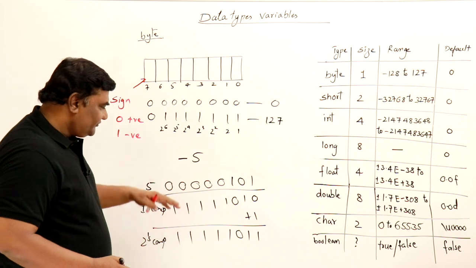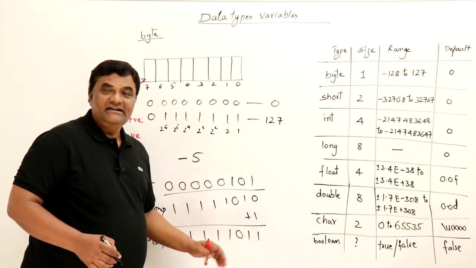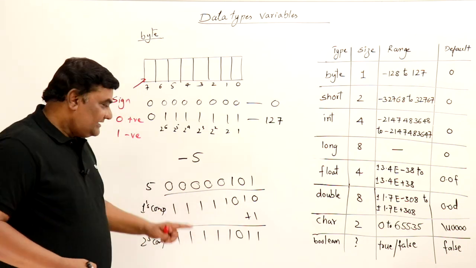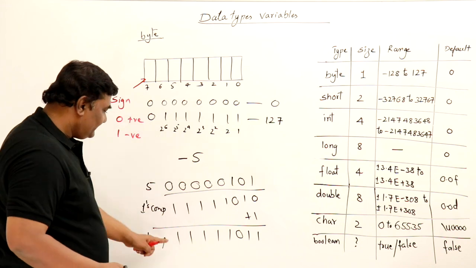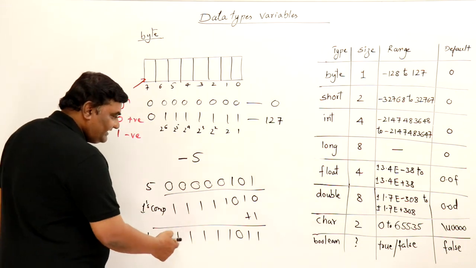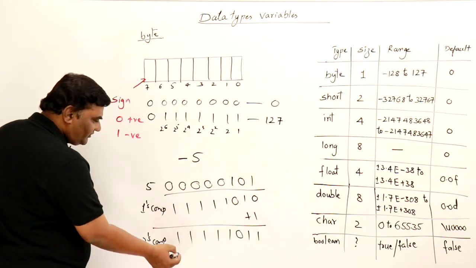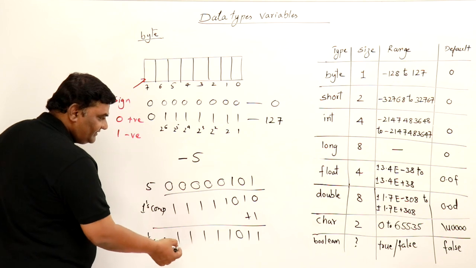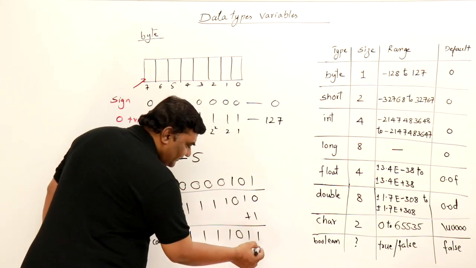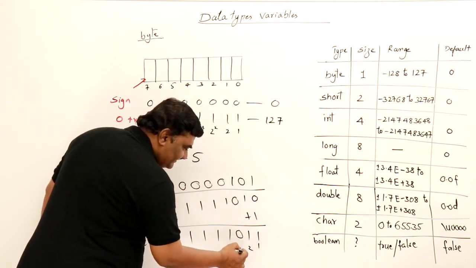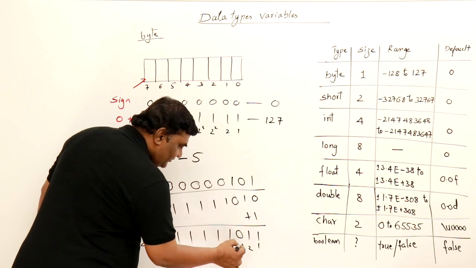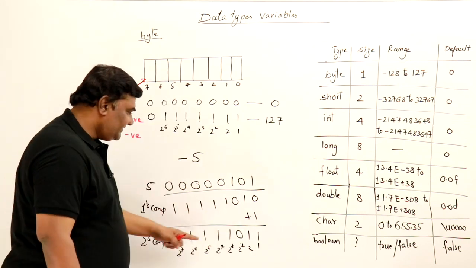You should know this one. When you want to know the details, you should know how a number looks in 2's complement. See, now this bit is 1. So this is the sign bit. When it is converted into 2's complement, automatically this becomes 1. And this is 2 power 0, that is 1, this is 2 squared, this is 2 cubed. These are all 7 bits.